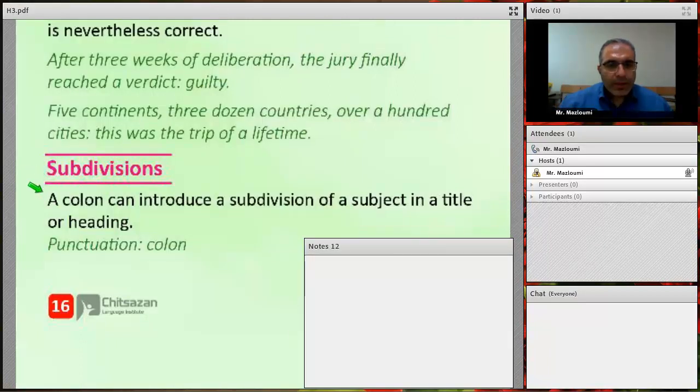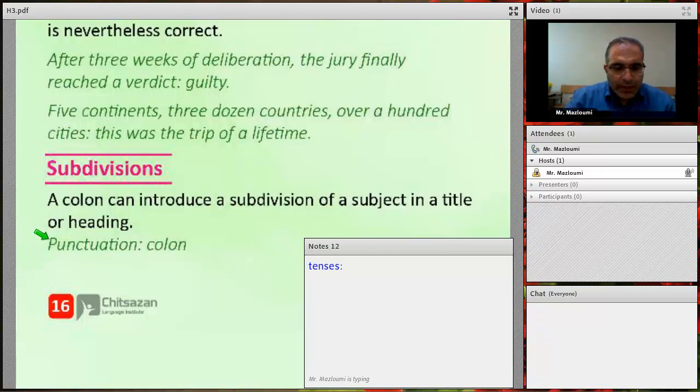Okay? For example, a colon can introduce a subdivision of a subject in a title or heading. Well, punctuation is a general topic, general idea, everyone. Colon is a subdivision of this punctuation.